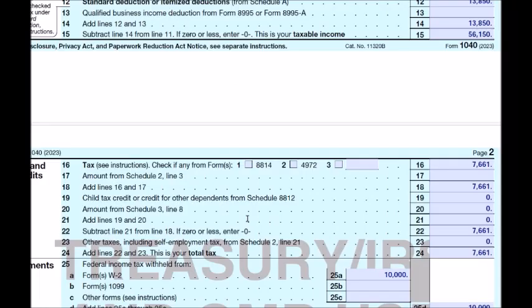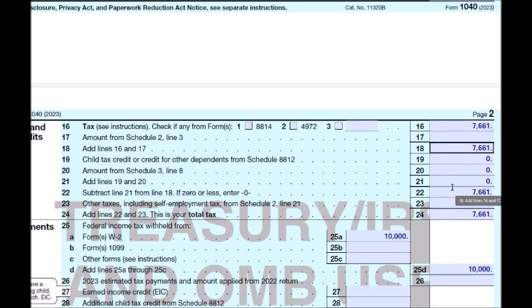So for taxable income of $56,150, the tax will be $7,661. And suppose we don't have anything from Schedule 2, so this will be 0. Line 18 is just combining line 16, line 17, and we have $7,661.